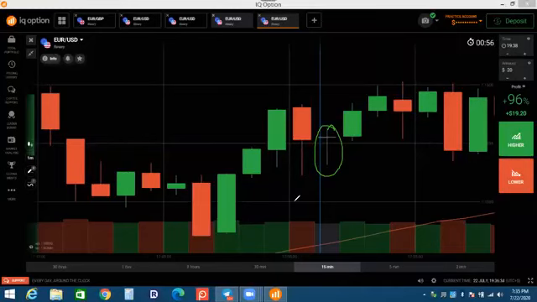So now this doji is not from the buyers, this doji is from the sellers. How? The buyers are getting weak, that's why the red candle appeared here. The red candle shows high volume.